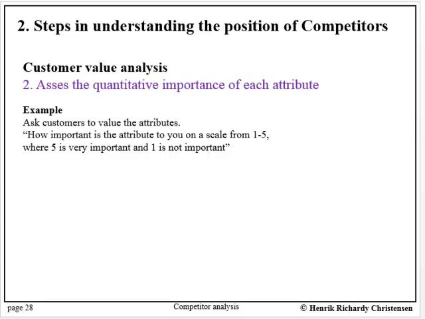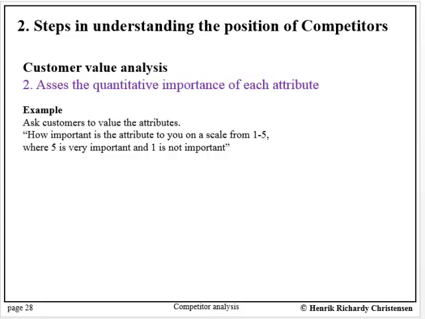So, step number 2, assess the quantitative importance of each attribute. Let us give an example here. We have customers, and if we give a question to customers to value the attributes, we could formulate it like this: how important is the attribute to you on a scale from 1 to 5, where 5 is very important and 1 is not important?